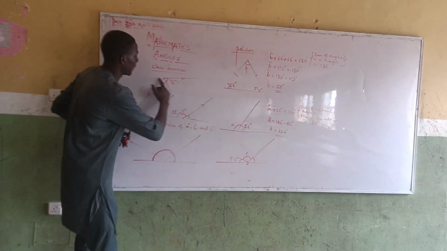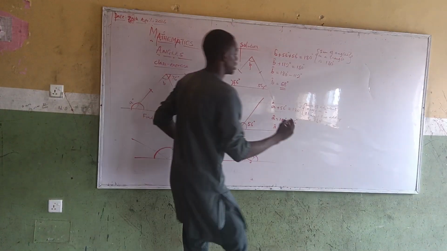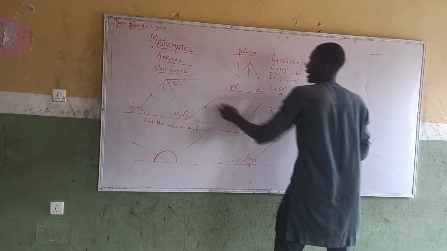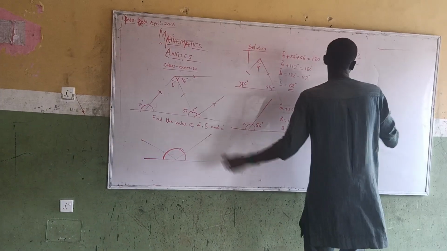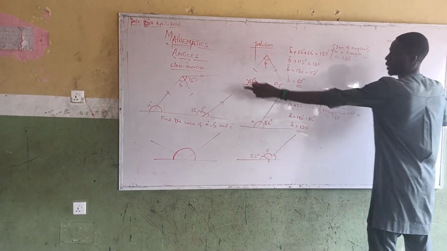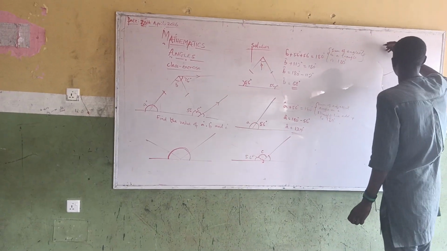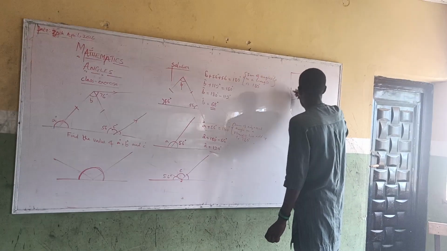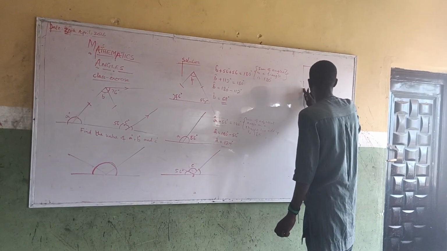When you have parallel lines like this, look at this parallel line. And you also have another parallel line like this. I want to draw what you have there. And a line like this, which represents a transversal. That is a line cutting through parallel lines.